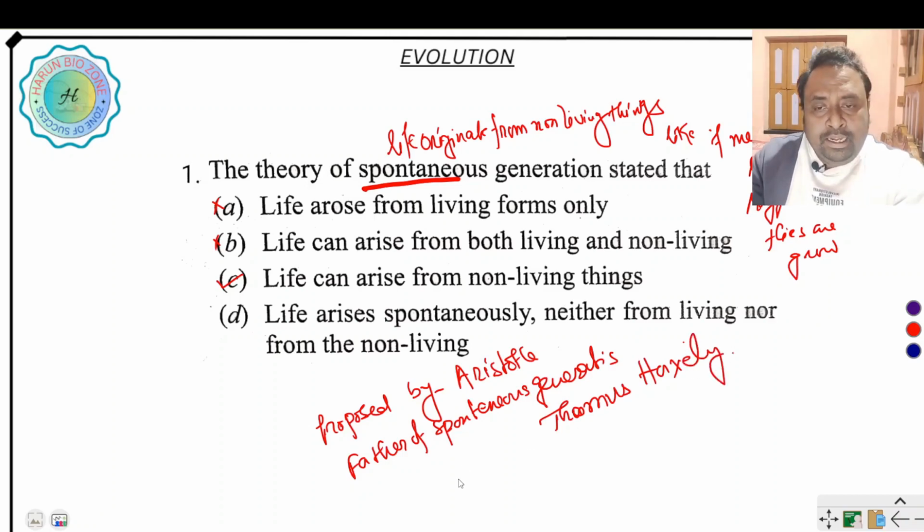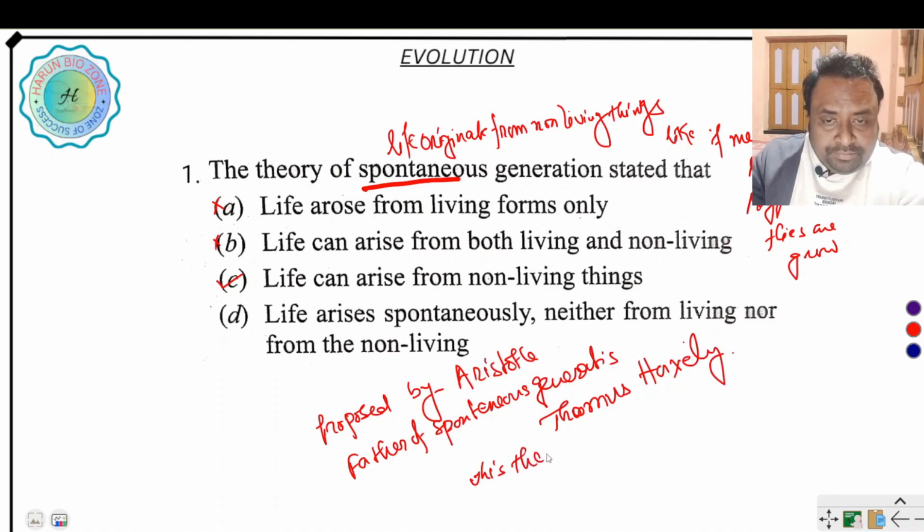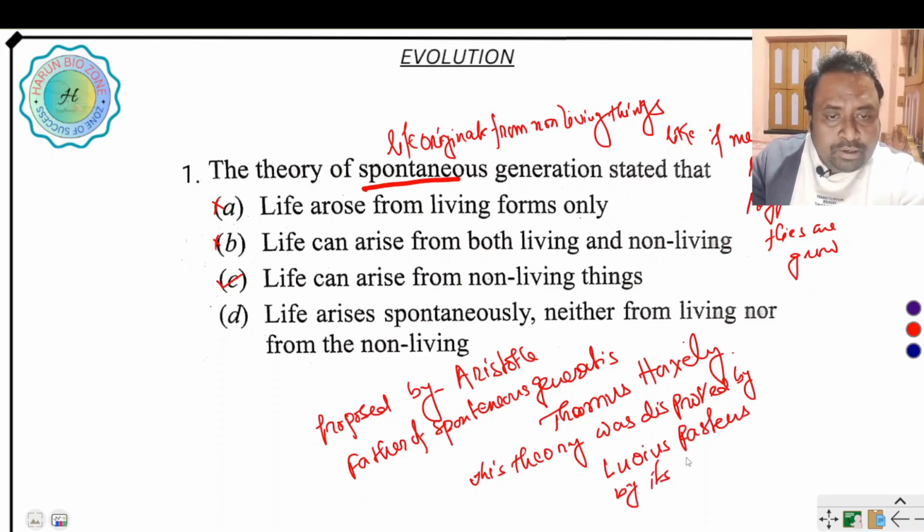Also, this theory was disproved by Louis Pasteur by his swan neck flask experiment.